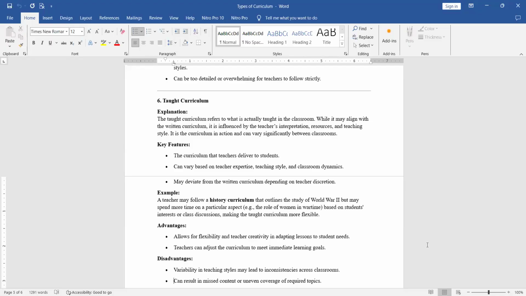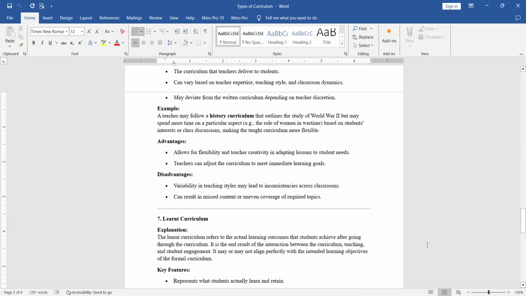That is, if you spend a lot of time on listening and speaking in the O-level class, in which speaking and listening is not tested, then the students will not be ready to face the written examination where reading, writing, vocabulary, and grammar are tested. So you become very practical and you do less listening and speaking and more reading, writing, etc., though the curriculum is otherwise. That is the taught curriculum example. Are you okay?